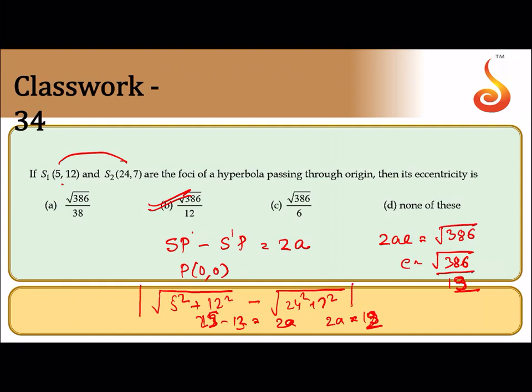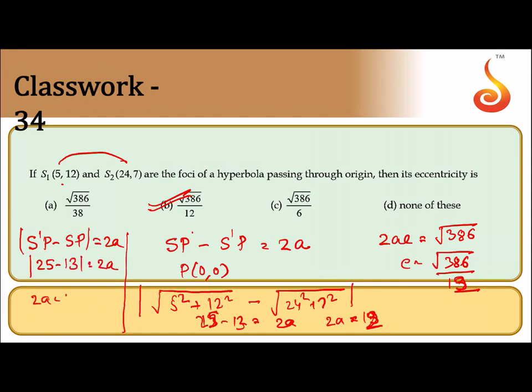Because 24 square plus 7 square will give you 25, and this will give you 13. It's a modulus, so it is reverse actually. I write once again: modulus of S'P minus SP is equal to 2a.